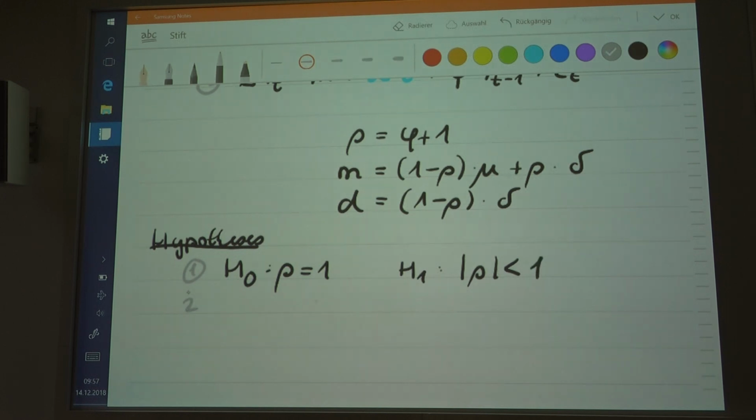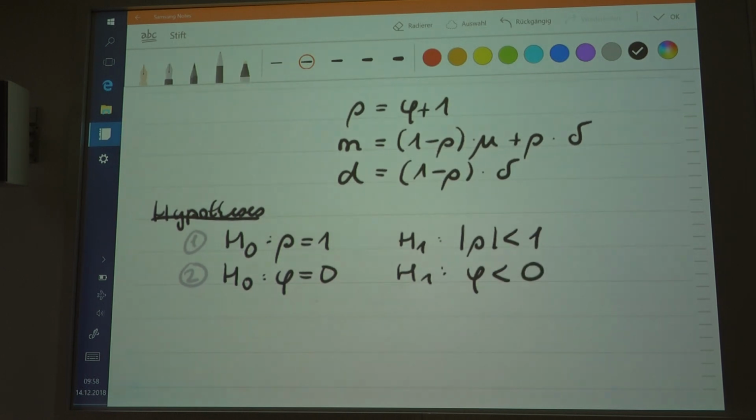And the second basically claims that, okay, for the second model phi is equal to 0, where the alternative hypothesis is that phi is less than 0, okay? And here the alternative hypothesis suggests that the process is trend stationary again.